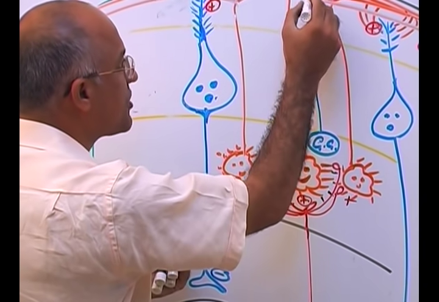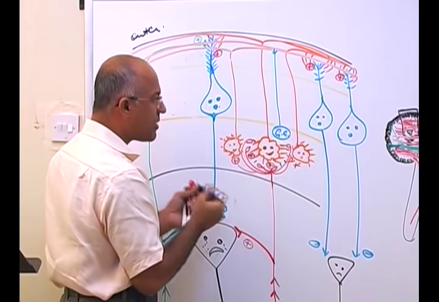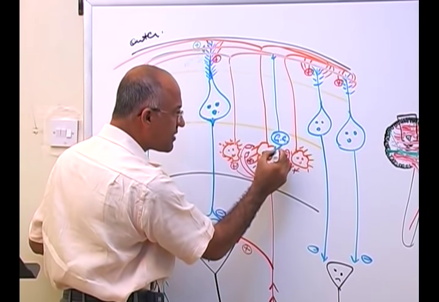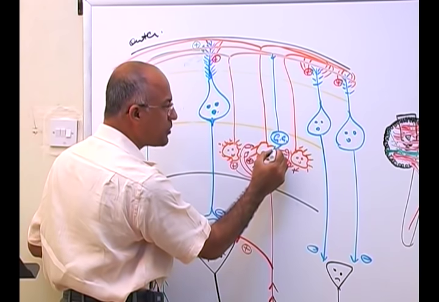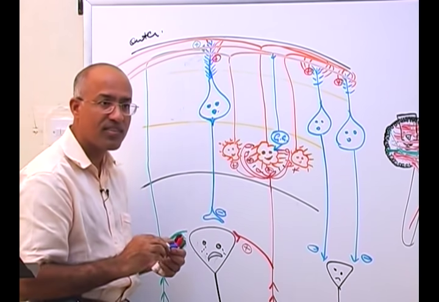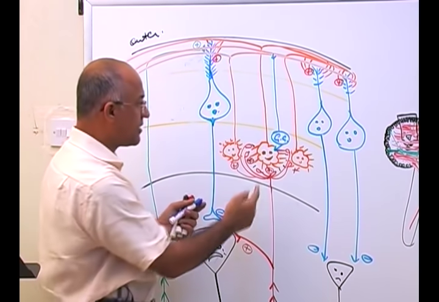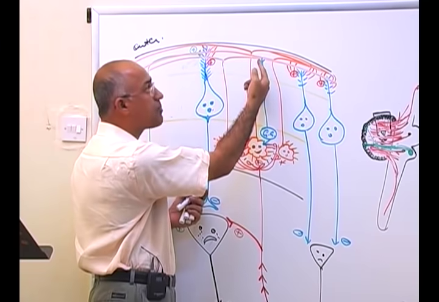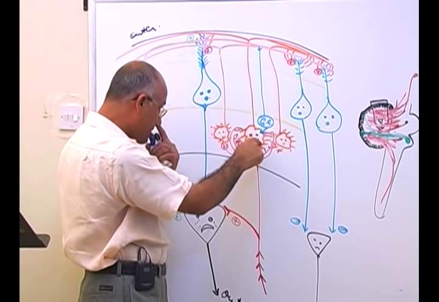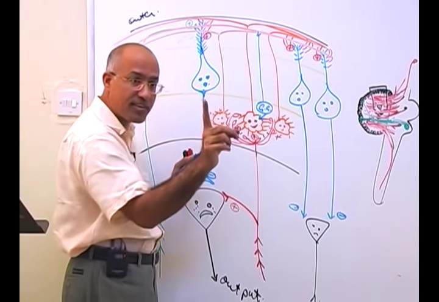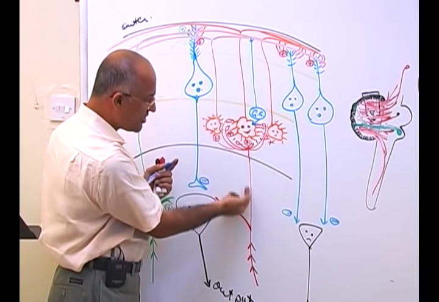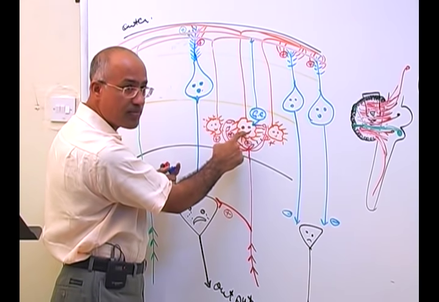Golgi cells can be stimulated by parallel fibers, but when Golgi cells are stimulated, they release gamma aminobutyric acid on granular cells. So what does it mean? That when parallel fibers are going up, they produce auto-inhibition of the granular cell. Again listen. Mossy fiber stimulates the, what is this cell? Granular.